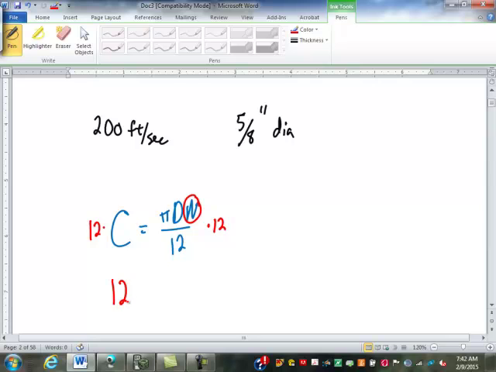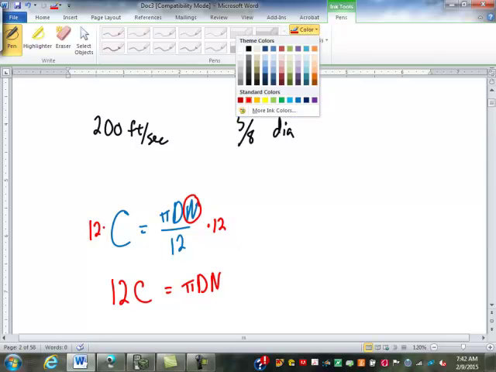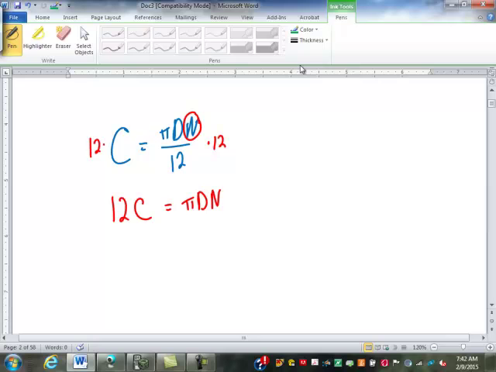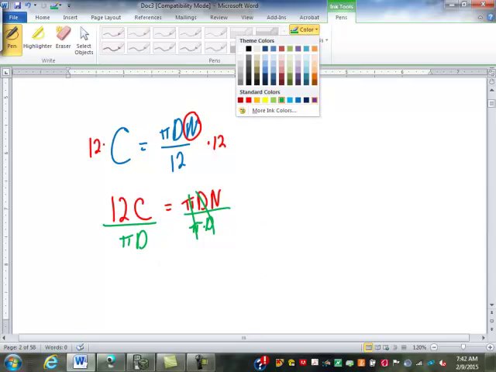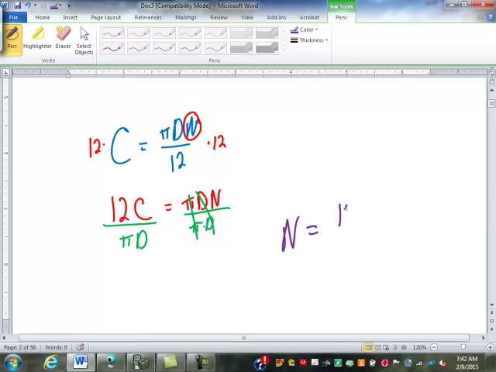So we now have 12 times C equals pi times D times N. Now if I'm getting N by itself, I have to get rid of pi and D. They both multiply N, so I'm going to divide by pi D, which cancels them out. Dividing by pi D on the other side, all I end up with is N equals 12C divided by pi times D. Now again, you probably did 3.82C divided by D.